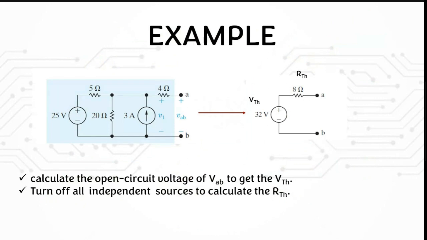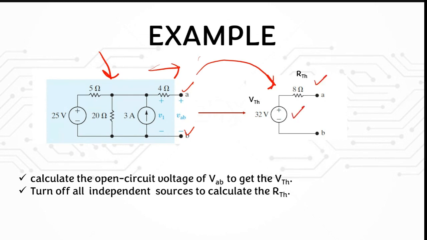So for example, if you have this circuit and the question asks you to get the Thevenin equivalent, you know that you have this two-port network circuit, and you need to transform it into a Thevenin voltage and Thevenin resistance.